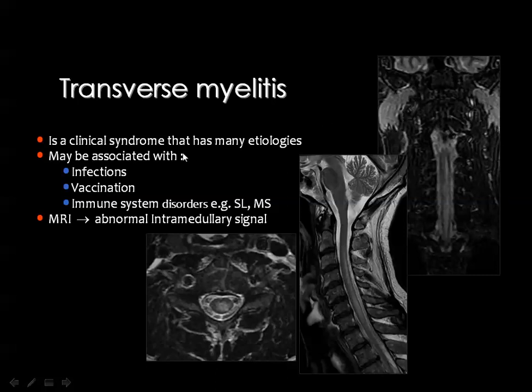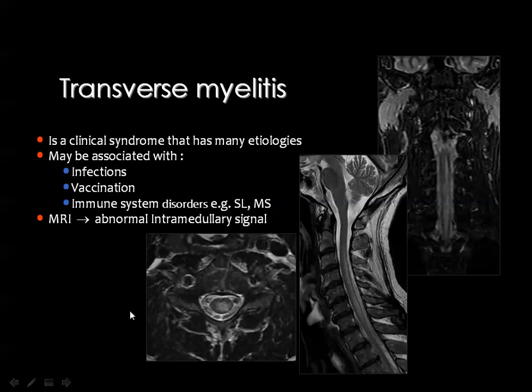It is a clinical syndrome that is caused by many etiologies, and these include inflammations, infections, vaccination, and some of the immune system disorders like the systemic lupus and multiple sclerosis. In all cases of transverse myelitis, you got non-specific MRI findings in the form of abnormal intramedullary signal.